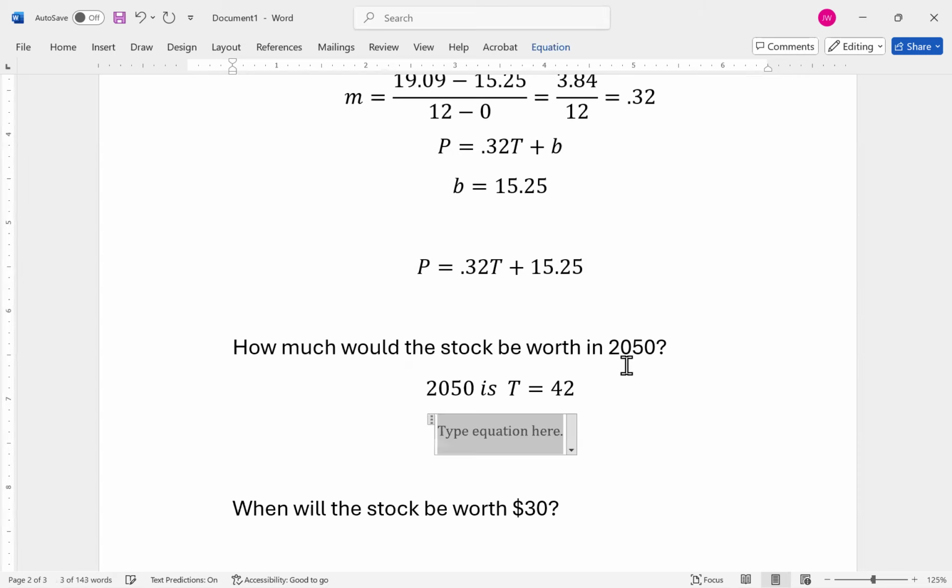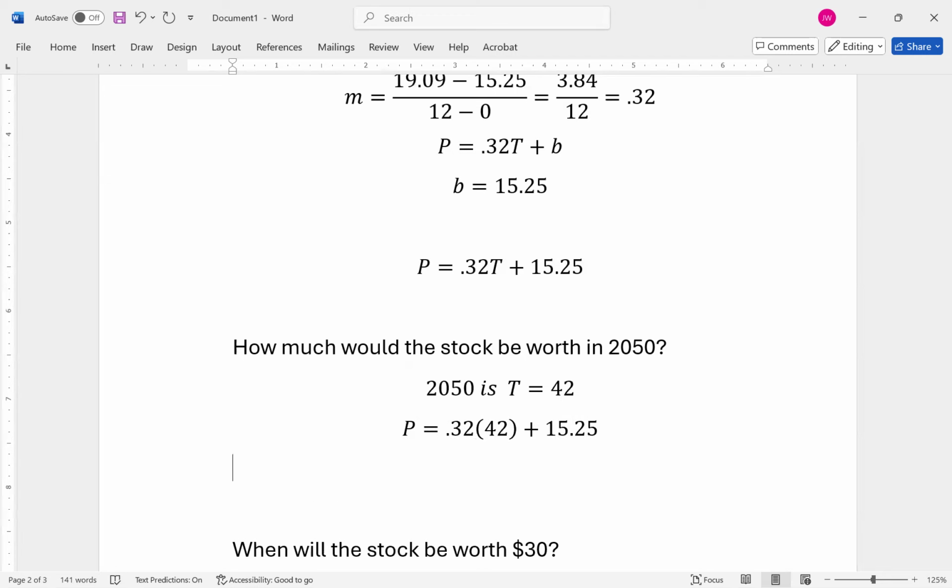So to find the price in 2050, we would write 0.32 multiplied times 42 plus 15.25. I type that into my calculator and it says that the price in 2050 should be, if this pattern keeps up, $28.69.